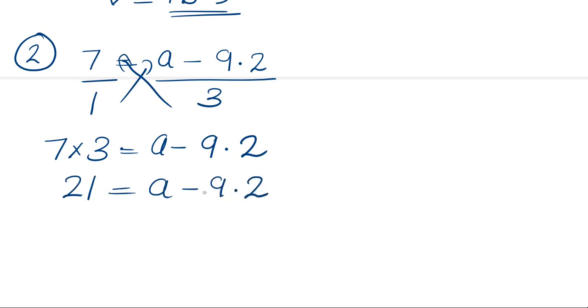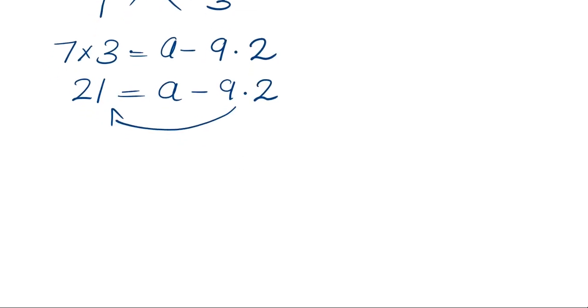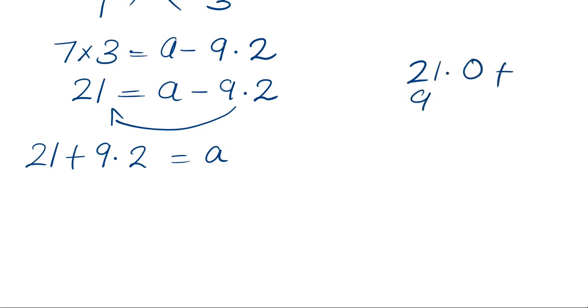Now, how can we find A? Bring this minus 9.2 from right side to left side. So the equation changes to 21 plus 9.2 is equal to A. Then we can add 21 and 9.2 here. 0 plus 2, 2, 9 plus 0, 9, plus 1, 10, carry over 1, 2 plus 1, 3.